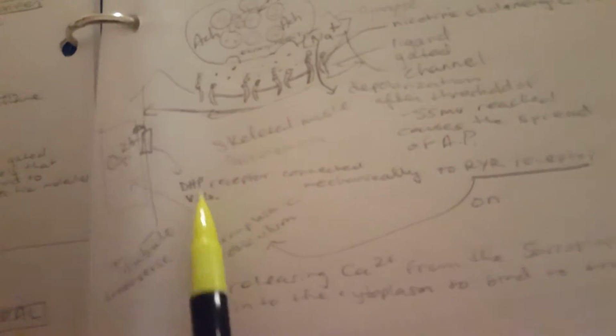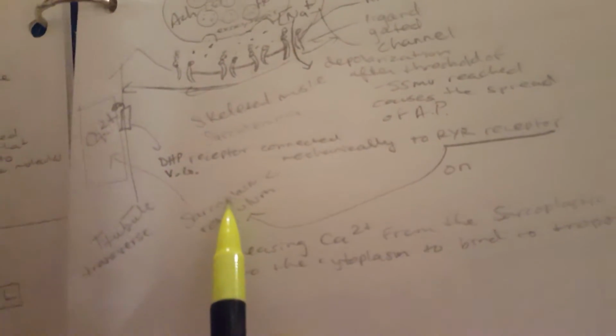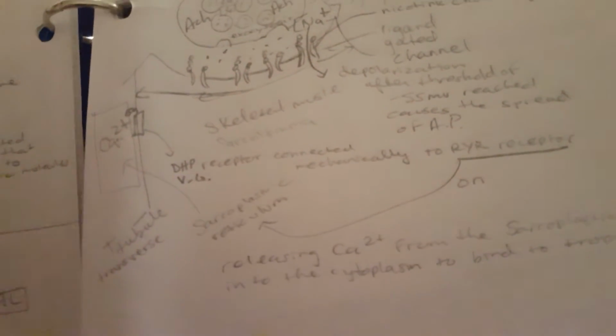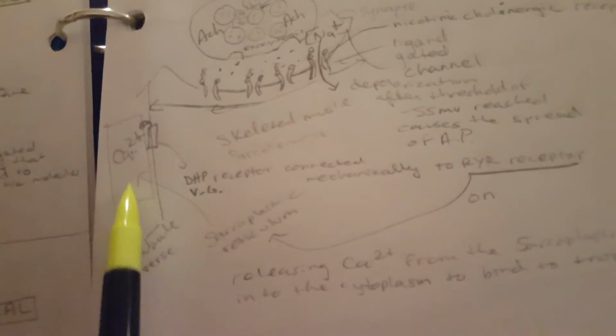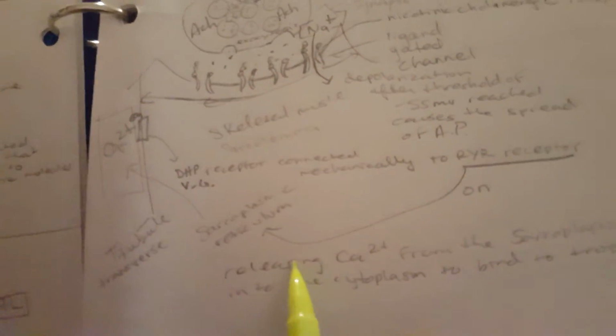The T-tubule has a DHP receptor, and it is connected mechanically to the RYR receptor on the sarcoplasmic reticulum. If you guys remember, the sarcoplasmic reticulum is this thing covering the cell, and that's going to encourage the sarcoplasmic reticulum, which is a store of calcium, to release it.